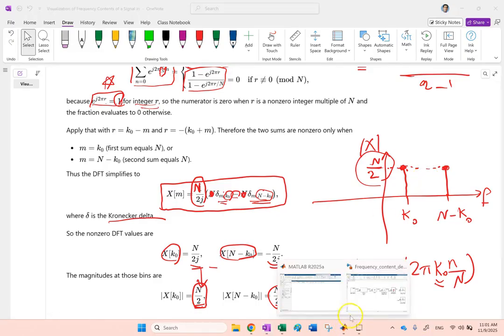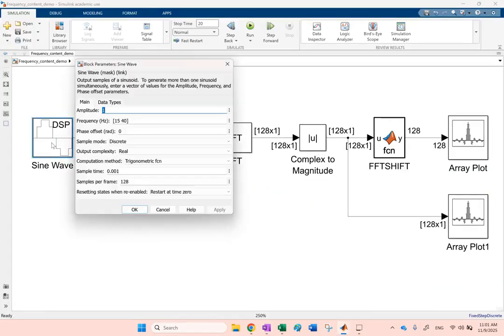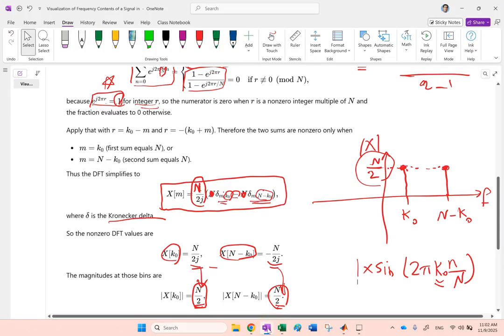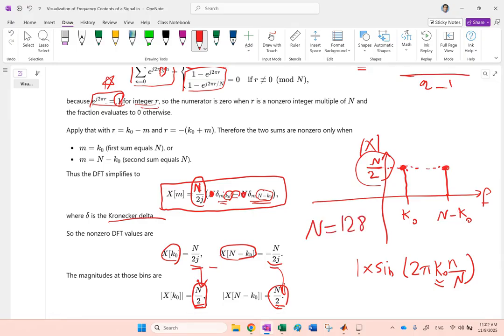So if I go back and talk about this, what magnitudes do I have here? The length of the signal, what length of the signal do I have? 128, right? So in my case, this n is 128. So the magnitude I should expect should be what? 64, which is 128 divided by 2. And was that 64? Yes.